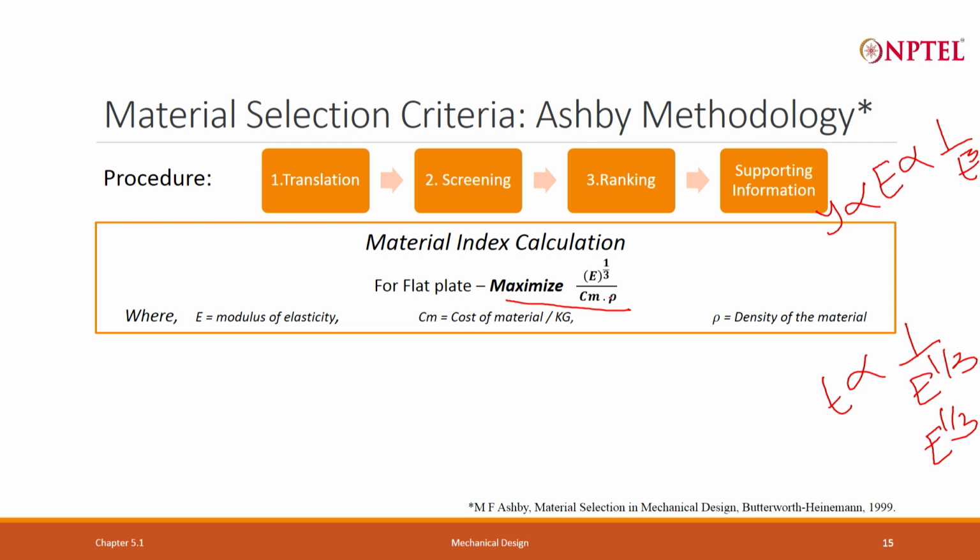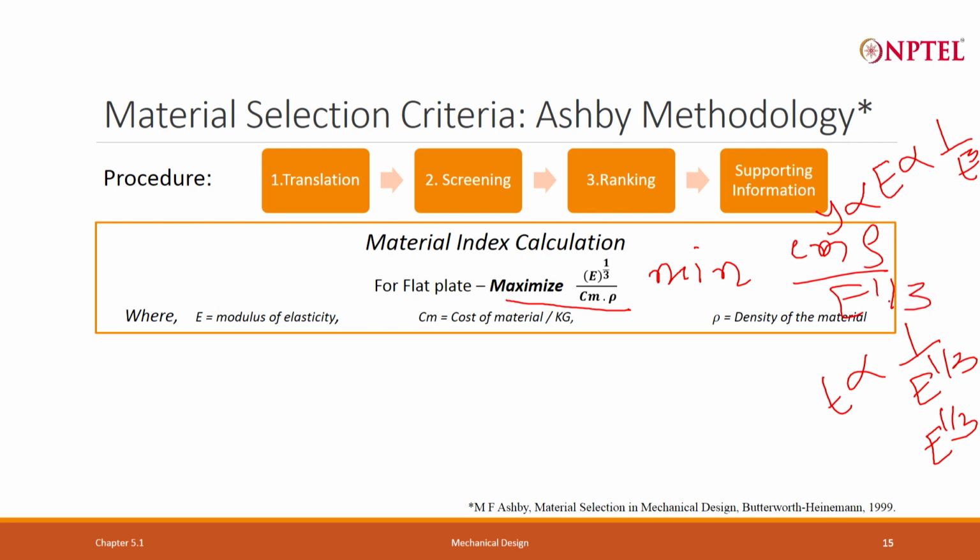So what we have seen: thickness, weight and cost are getting minimized, while the objective function we are maximizing. Density relates to mass, and it also comes into the deflection equation, but we want to minimize it. If I put this as a minimum function, it would be Cm, the cost of material, times rho by E to the power 1 by 3.